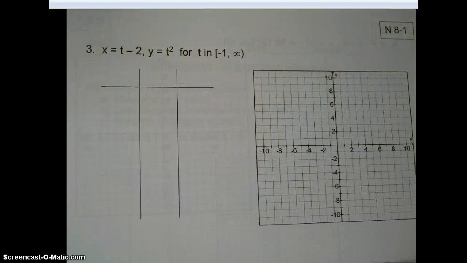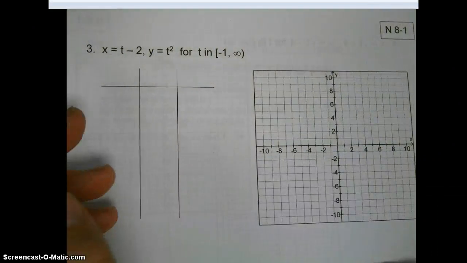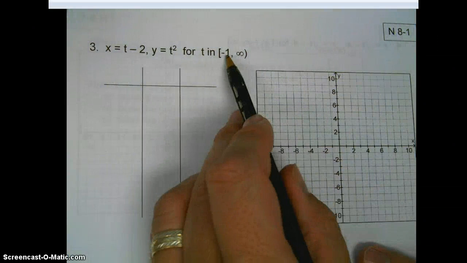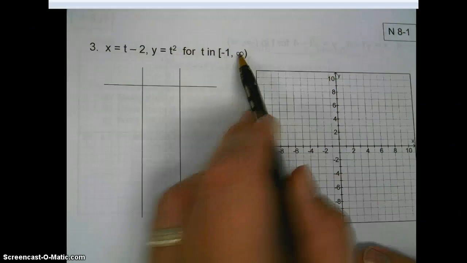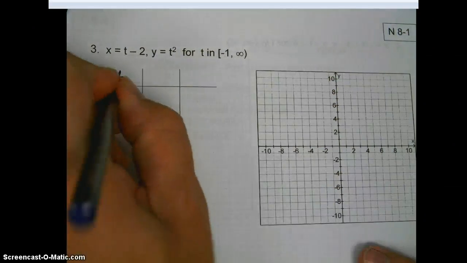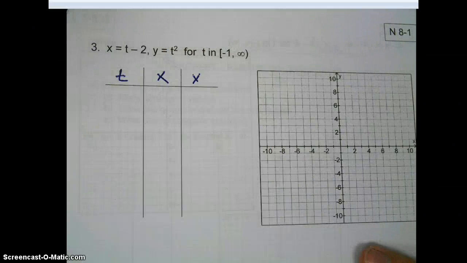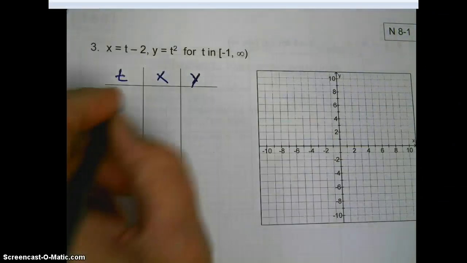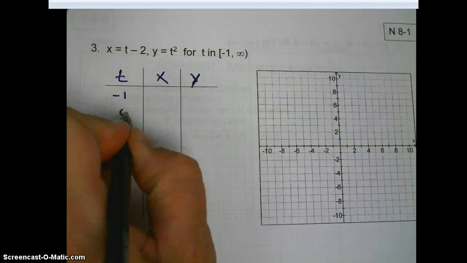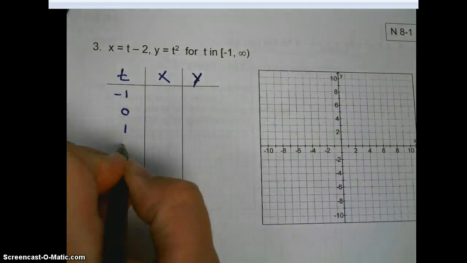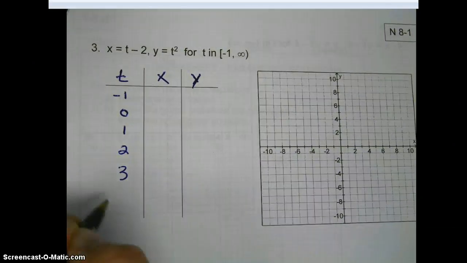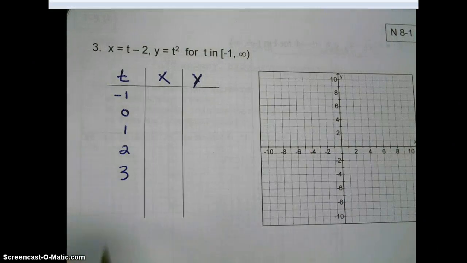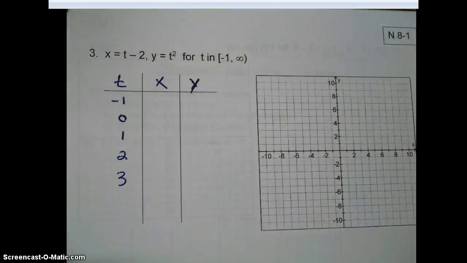Okay, next problem. Same three things. Okay, we want to make a table. In this case, we're going from -1 to infinity. So t, x, y. So starting at -1, 0, 1, 2, 3, and we're going to infinity, so we could keep on going, but that'll get us a good graph right there.